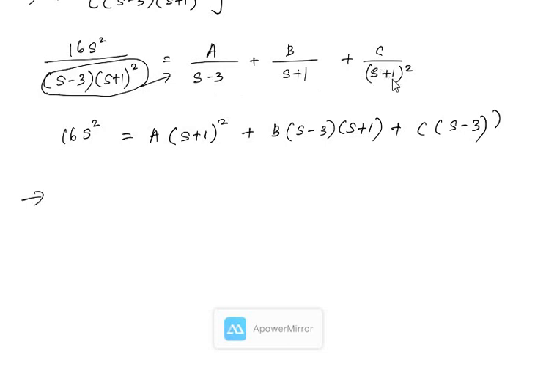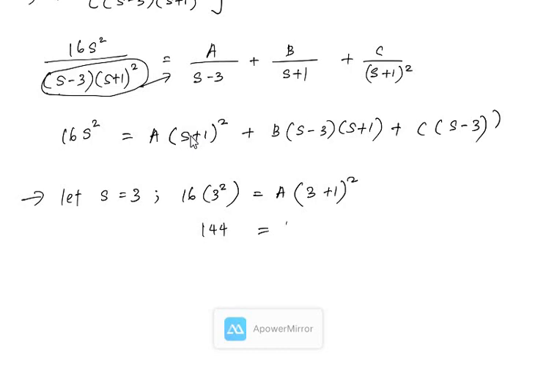So now let's assume s equal to 3. Then we have 16 times 3 squared equal to A times (3 plus 1) squared. If s equals 3, the B term equals 0 and the C term also equals 0, so we are left with A. So 3 squared is 9, 9 times 16 is 144, and 4 squared is 16, so 16A equals 144.